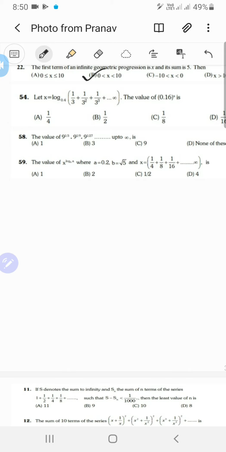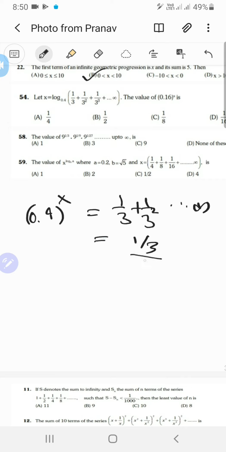I'm going to raise 0.4 to these powers, so that should still be an equality. So you will get 0.4 raised to the x power equal to 1 by 3 plus 1 by 3 squared till infinity, which is nothing but 1 by 3 upon 1 minus 1 by 3, which is 1 by 2.